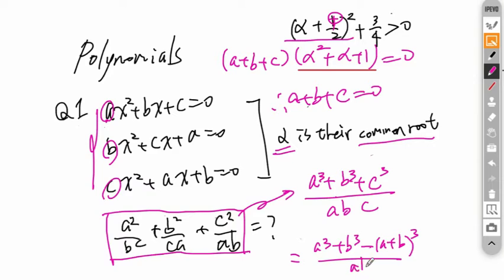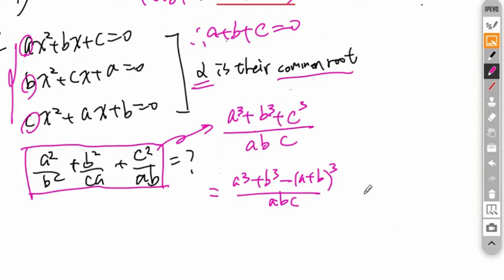By changing this into this, we can further simplify it to this form. Now we can clearly see that the answer for this question is 3. And this is how we solve our first question.